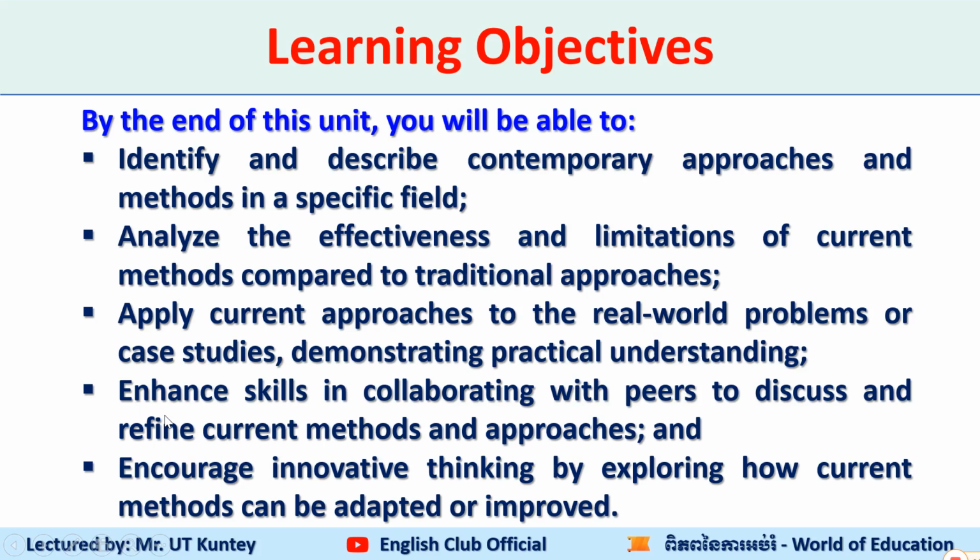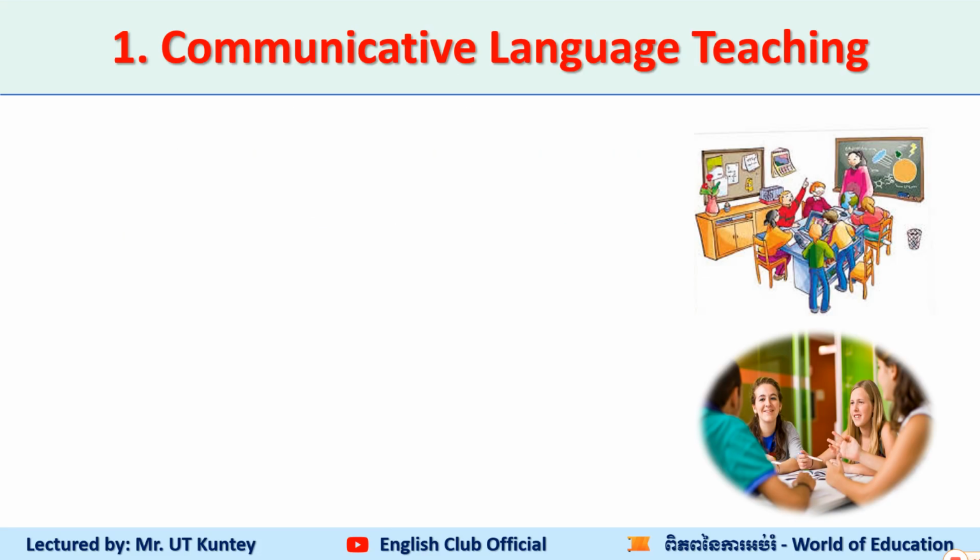Number 4, you enhance your skill in cooperating with peers to discuss and refine the current methods and approaches. And the last one, you encourage your innovative thinking by exploring how the current methods can be adapted or improved. So these are your expectations from this Unit 4.